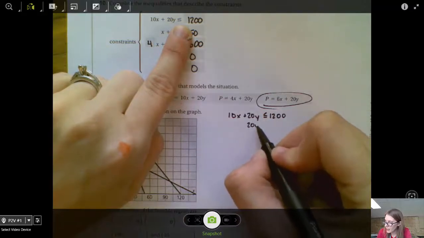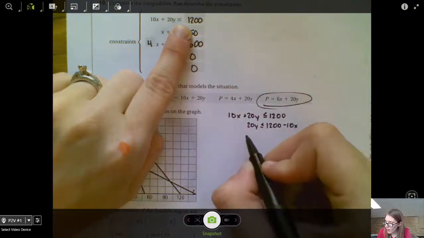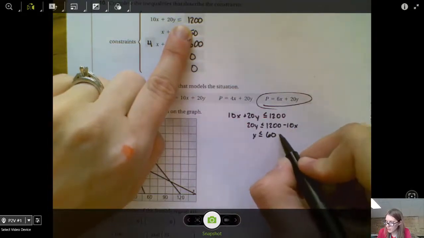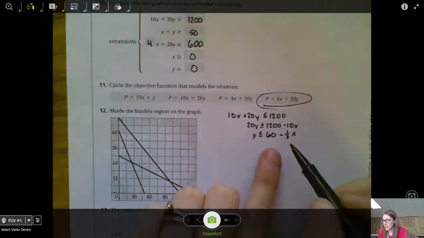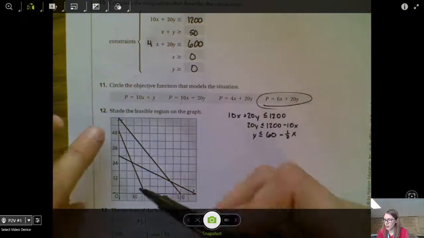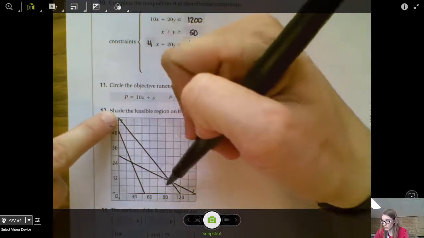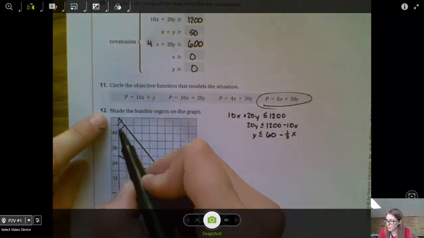Subtract 10x first, and then divide by 20. This would be 60 minus 1/2 x. Looking at my graph here, that's this line, 60 minus 1/2 x. Less than or equal to, we're going to shade below.